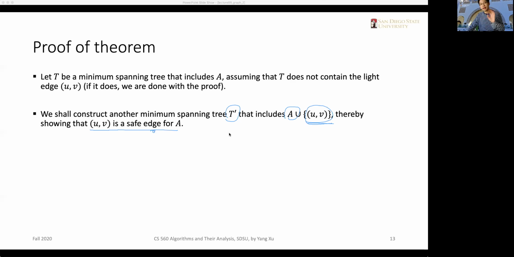If U V is added to A and the result is still a subset of a minimum spanning tree, then we satisfy the definition of what a safe edge means.